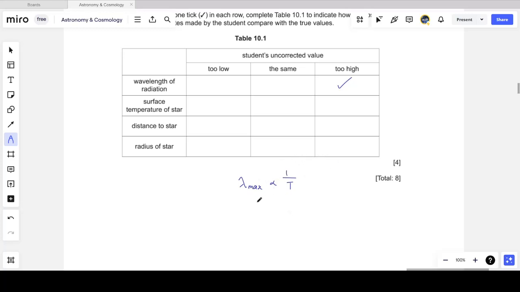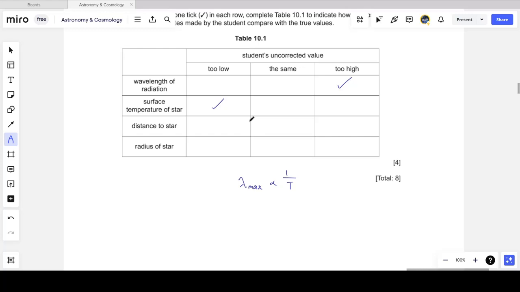Now we said that the wavelength was too high, so they estimated a wavelength that was too high, which means they estimate a temperature that's too low. Kind of makes sense. We look out and we see the star appearing red when it's actually yellow, actually quite hot. But when we see the red, we think that the star is cooler than it actually is, because it appears more red than yellow, or more yellow than green or blue or purple. And so we can use the opposite identification for the surface temperature.